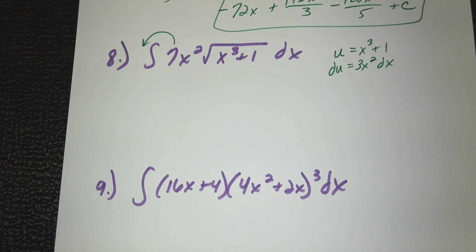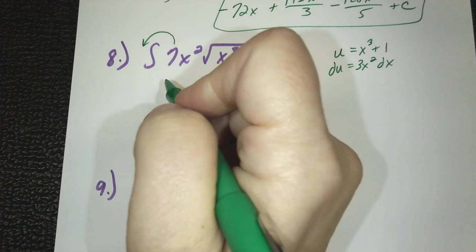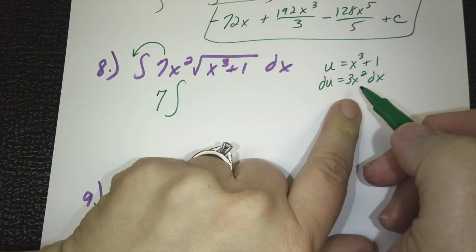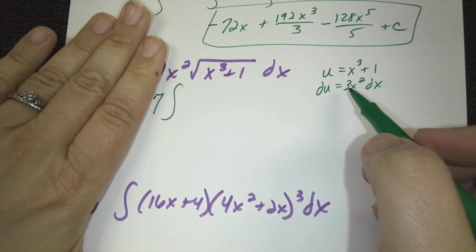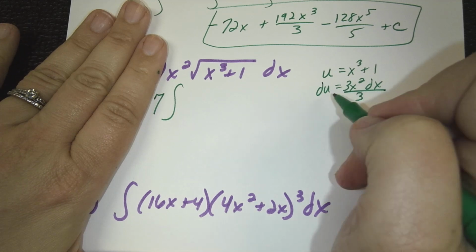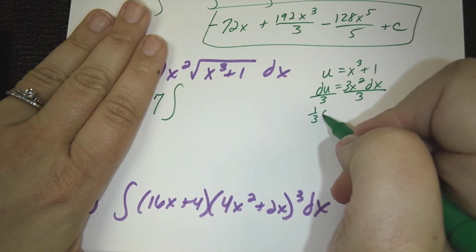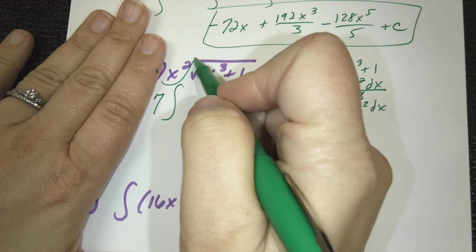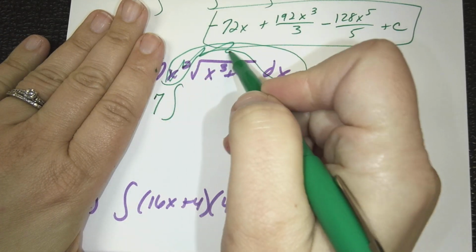I can. So I'm just going to take the 7 on the outside. But then over here, now I don't have the 7, but I do have x squared dx. Well, that's easy. I can get rid of the 3. So 1/3 du equals x squared dx, which is what I have right here.